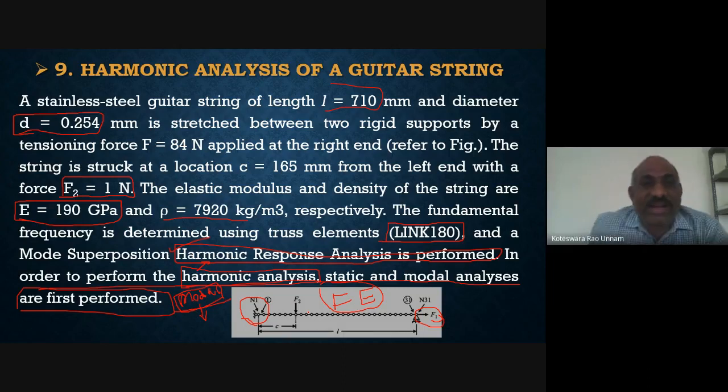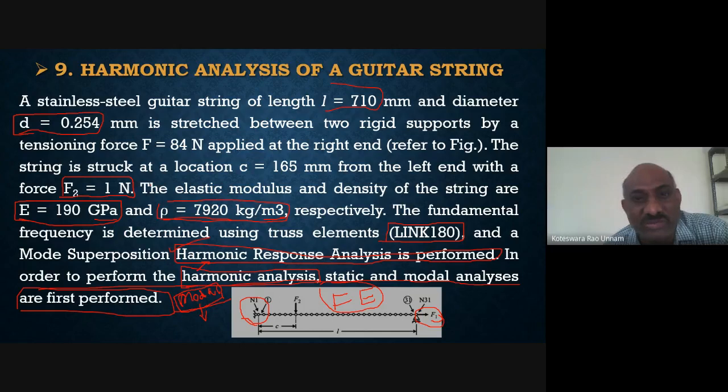Okay? Right. And one more thing, the units should be consistent. That is very important whenever you solve any type of problem. You need to make sure that all your units are consistent. So rho is given in kg per meter cube, which means length is in meters here. Young's modulus is in GPa, which means you can write it as 190 into 10 power 9 Newton per meter square.